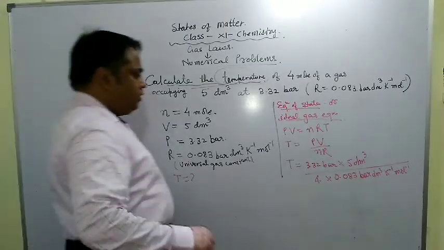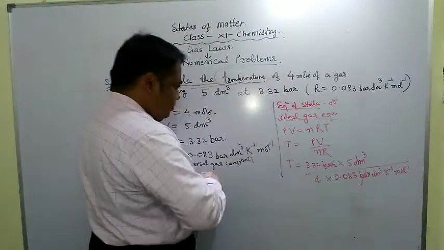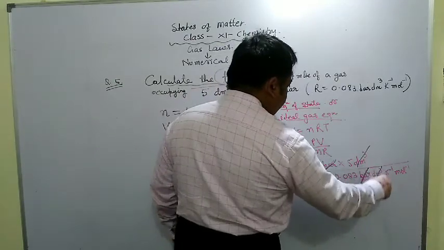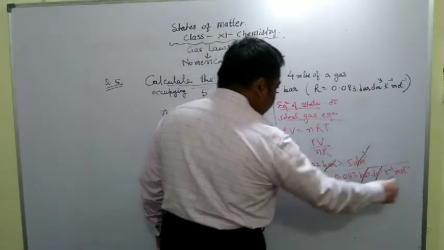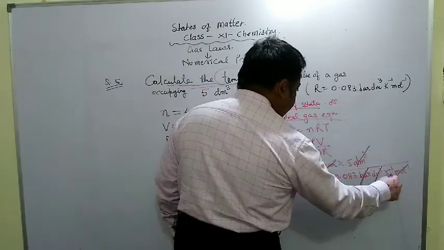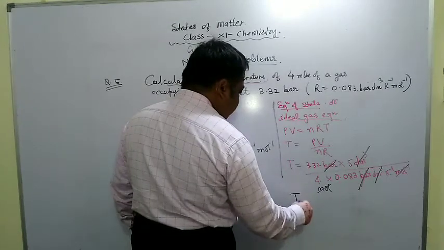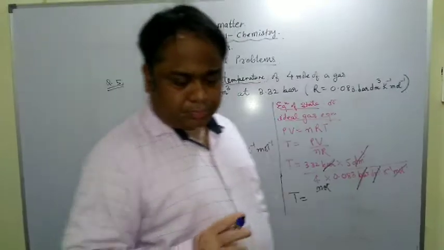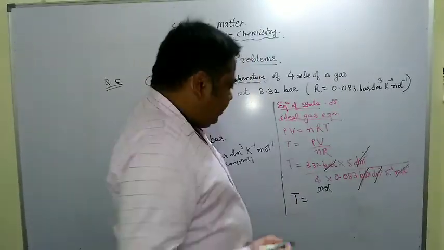So what will happen here is bar and bar will be nullified, dm cube is nullified, and 4 mole per mole is cancelled. Per Kelvin will become Kelvin, and if you calculate all these, then the temperature will come out to be 50 Kelvin.